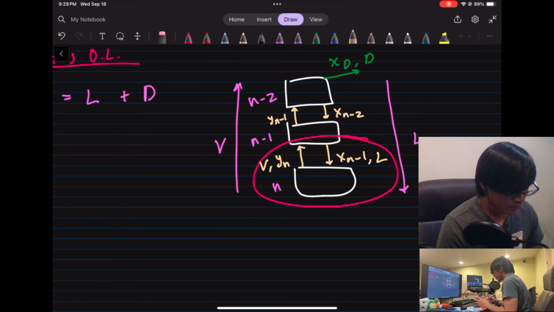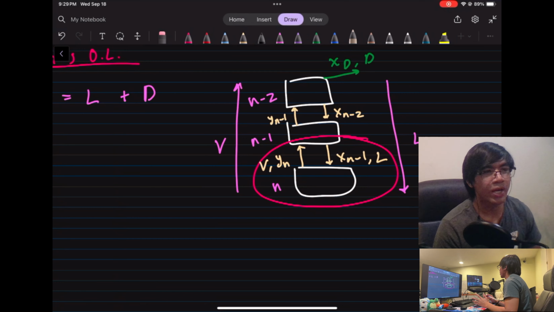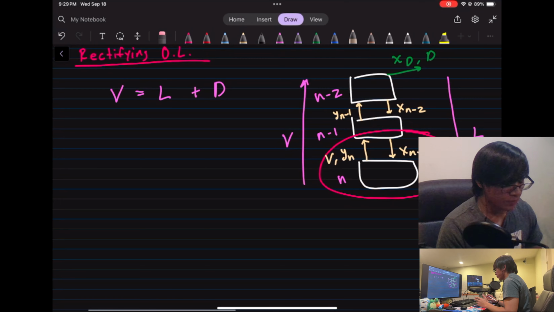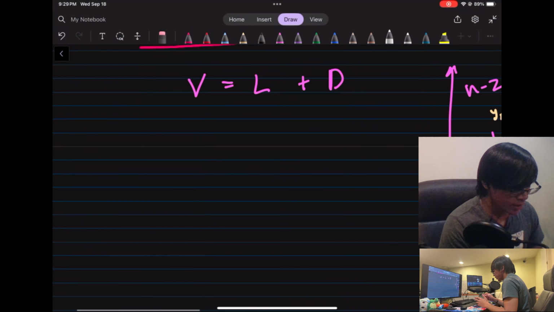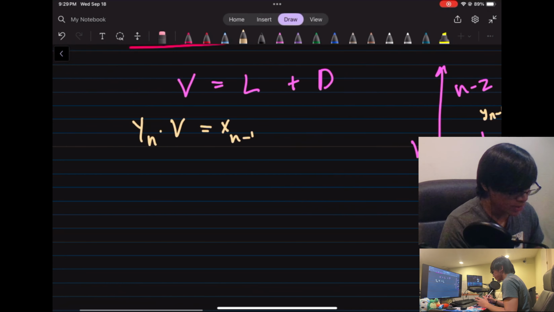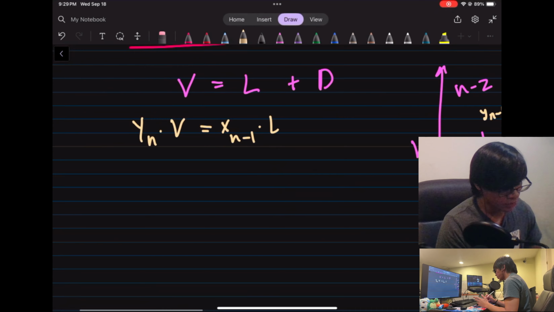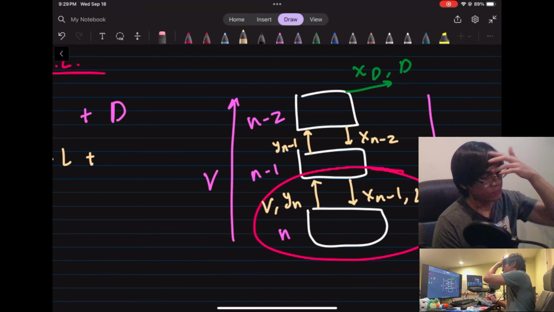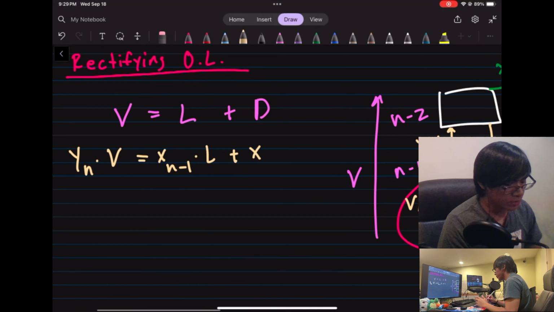Also note I'm writing n so that this can apply to any number of stages, and you'll see this as we plug in numbers. So we have Yn times the molar flow rate for the vapor, V, must be equal to the stage coming down from above, xn-1 times our liquid molar flow rate, L, plus what's coming out at the top, our distillate molar fraction, xD, times our distillate molar flow rate, D.